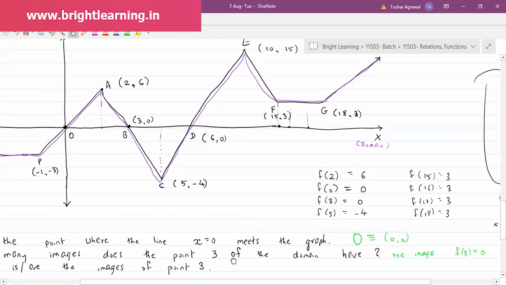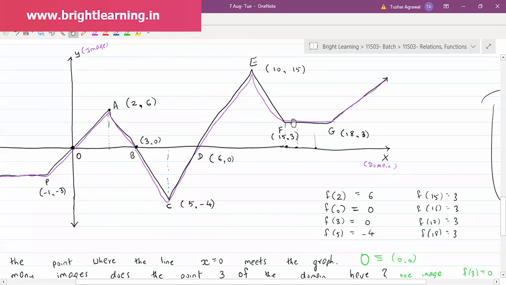For that, you will have to concentrate on this region, F to G. Because when I'm talking about 3 as the image, you have to make the image axis. The image axis means y should be 3. So y should be 3 means you have to consider a horizontal line, as we considered in the above case of quadratic. So from F to G also those points will be there.